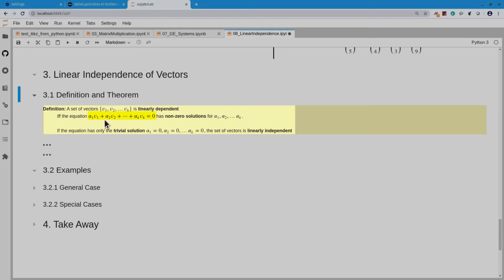One solution, of course, is that all the alphas are equal to 0. The other case is if I find non-zero solutions. If there are some alphas that are different from 0, so that this expression indeed adds up to 0, then I'm going to say that the vectors are linearly dependent. On the other hand, if the only solution is all the alphas equal to 0, we will say that the vectors are linearly independent.